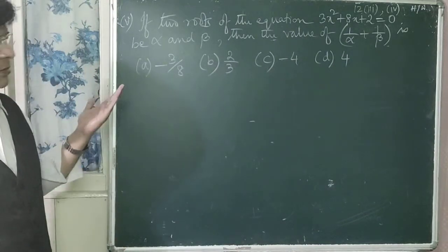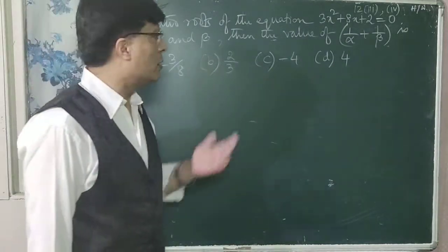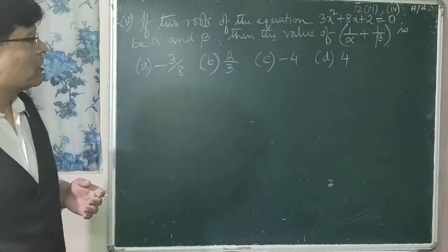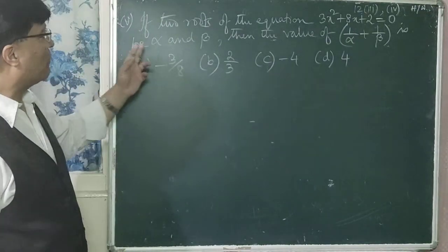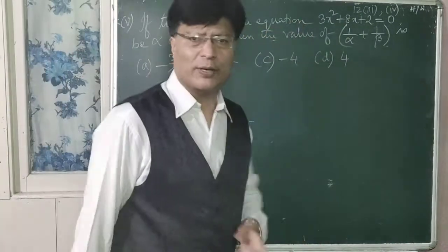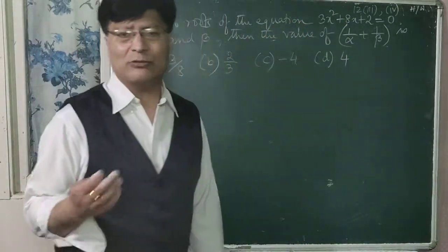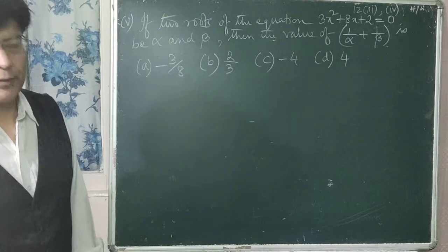In the previous problem also you did this type of problem, isn't it? So let us do this one. If alpha and beta are the roots of the equation 3x square plus 8x plus 2 is equal to 0, you have to write down the sum of the roots as well as the product of the roots.